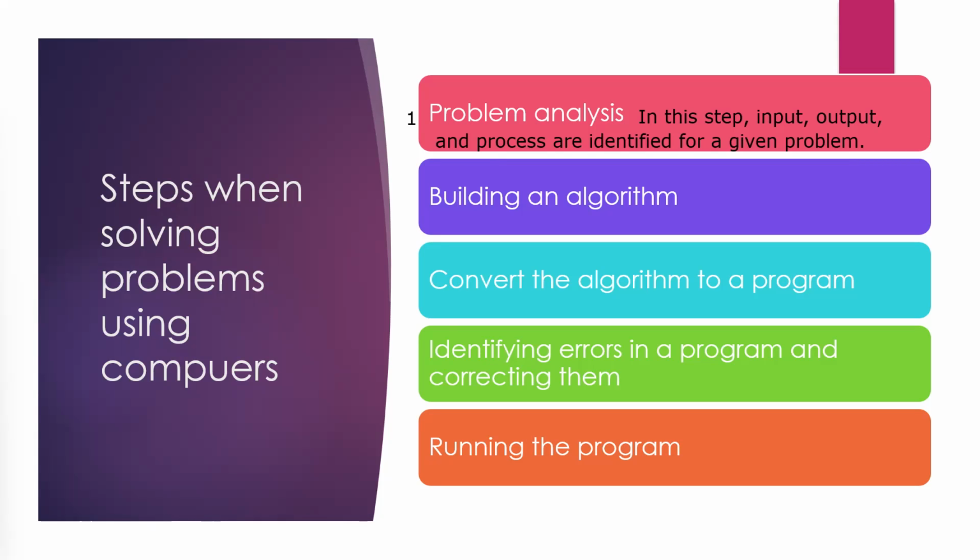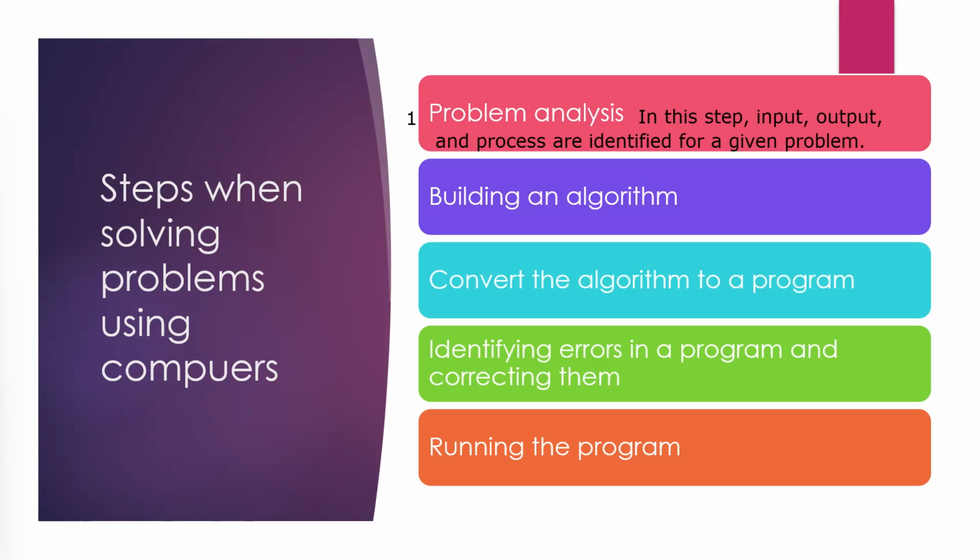Now, if I say making a cake, what are the inputs? Girls, you have ingredients, right? So that will be the input. Then, what is the output? That is the cake.